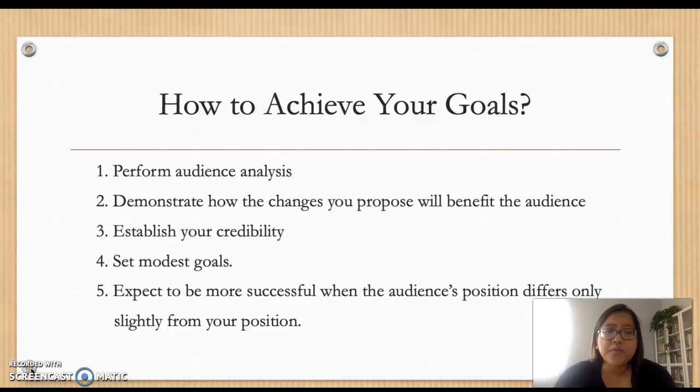And then expect to be more successful when the audience's position differs only slightly from your position. This is related to what I explained previously. If somebody is in total opposite of your view of an issue, it's going to be hard for you to convince them to agree with what you think.